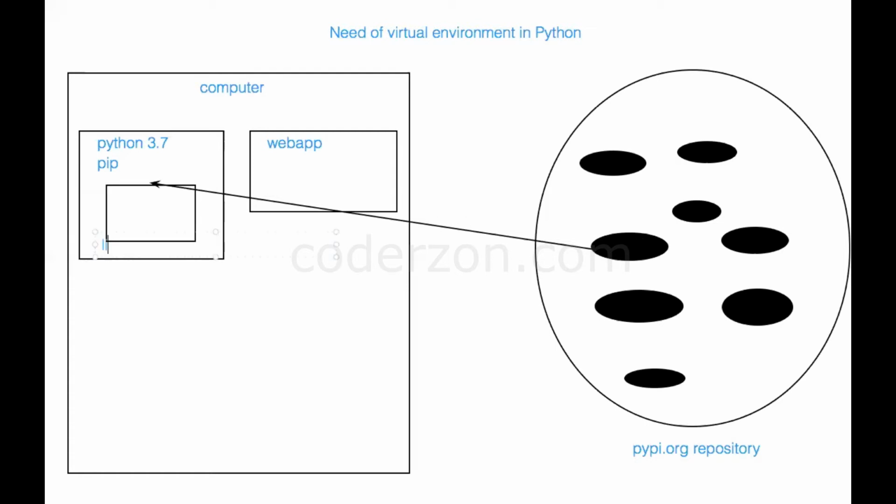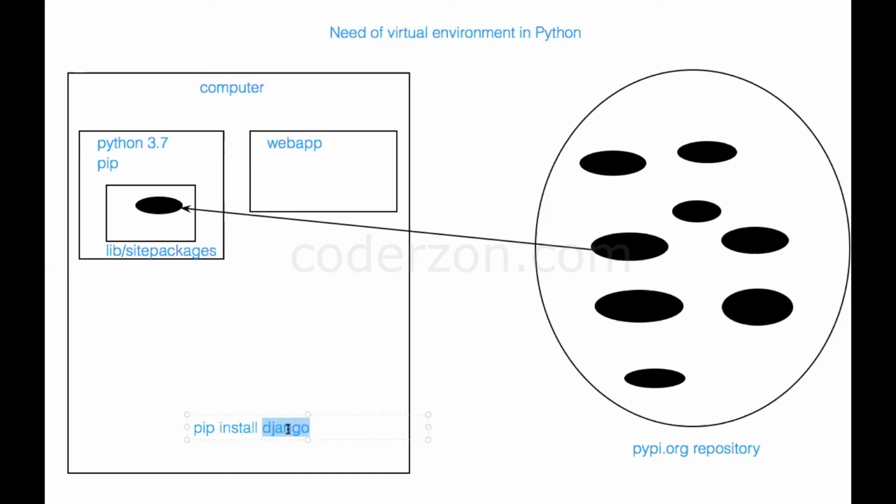Inside your Python installation, you can see a lib folder, and inside that, site-packages. So if you do a pip install of a package name, maybe something like Django, NumPy, Pandas, whatever it is, that package gets downloaded from the repository on the internet to lib site-packages inside the Python installation directory.